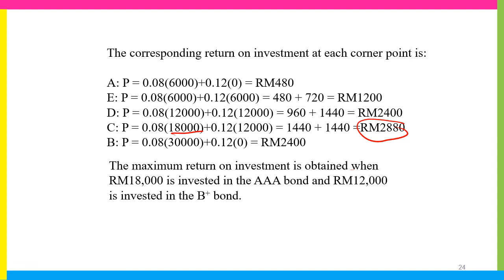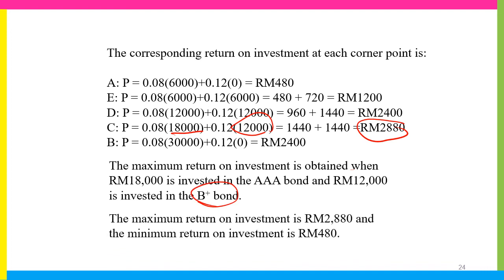So 18,000 is invested in the AAA bond and 12,000 invested in the B plus bond. So this is the maximum return, 2,880, and the minimum return, if we see here, is 480 ringgit.